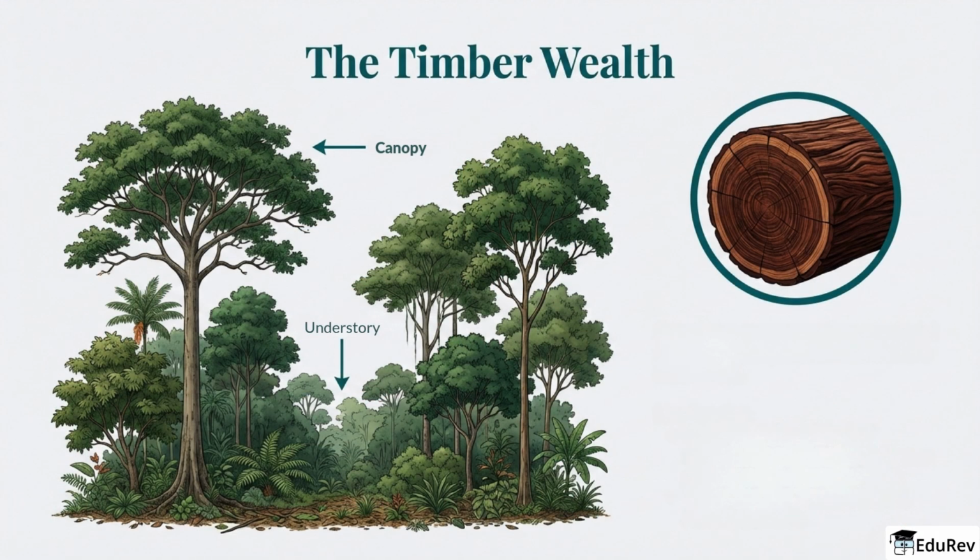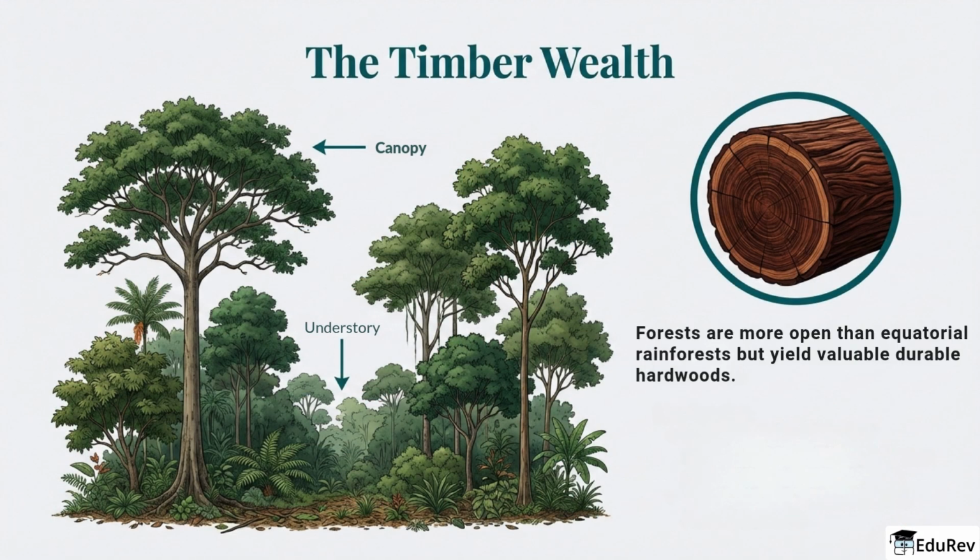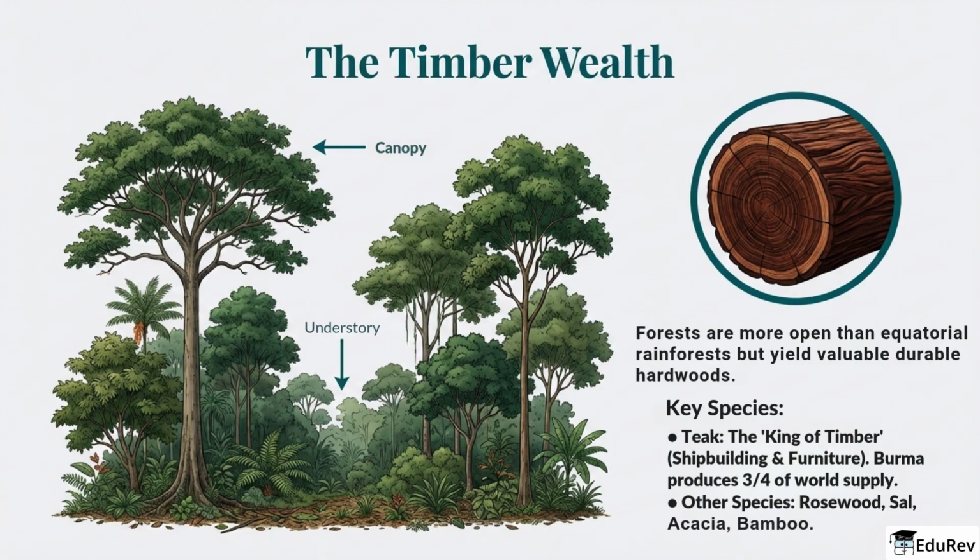Now to timber wealth. These forests are more open than equatorial rainforests, but that does not make them less important. In fact, they yield valuable and durable hardwoods. The key species here is teak, often called the king of timber because of its value in shipbuilding and furniture.